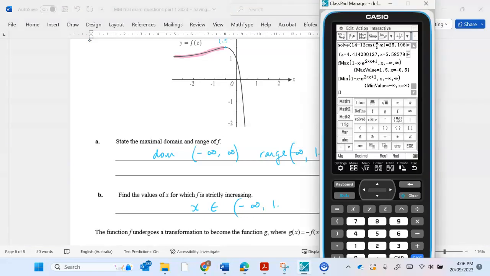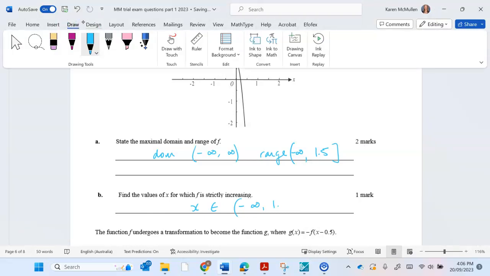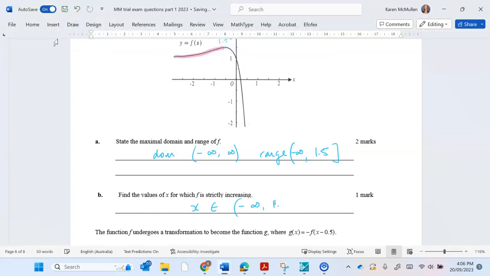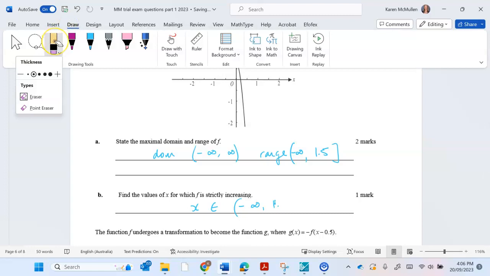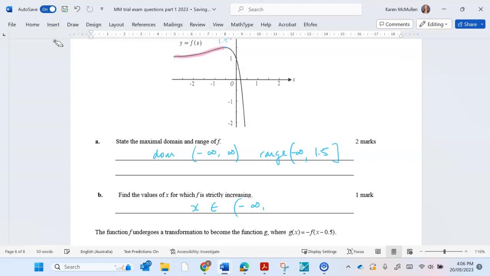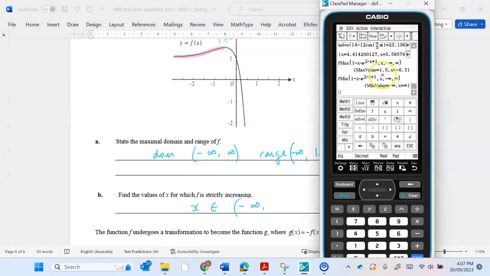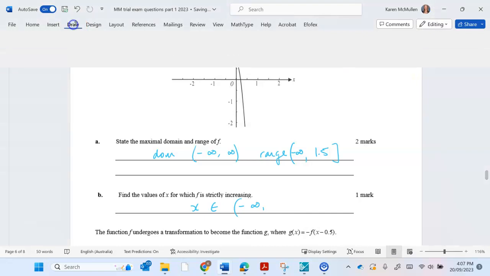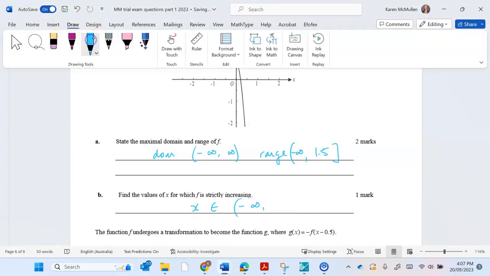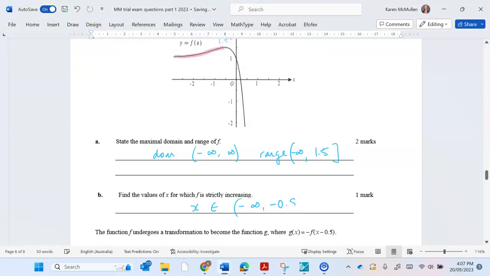I was writing the y value, we want the x value. We did get that before when we found the maximum value of 1.5. It gave us the corresponding x value, negative 0.5. And that needs to be a curved bracket too.